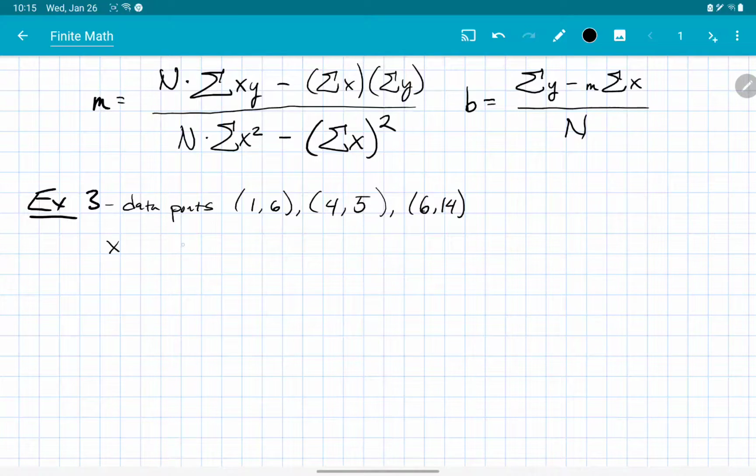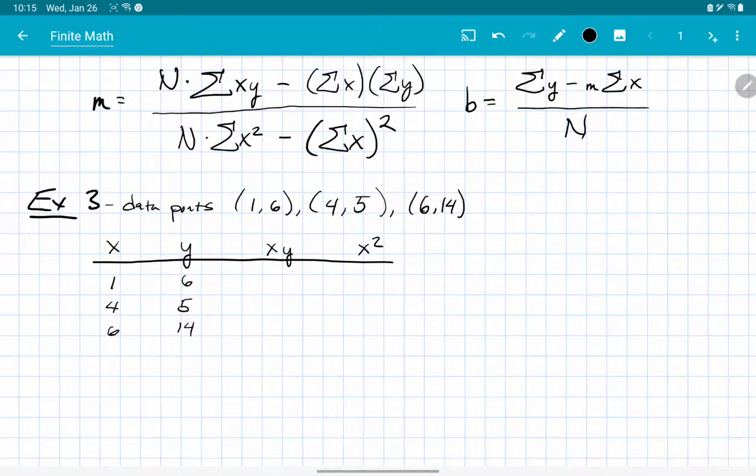The labels of the columns of the table are going to be X, Y, XY, that is X times Y, and X squared. So the data points are (1, 6), (4, 5), and (6, 14). And I'll give you a second to copy down that table.